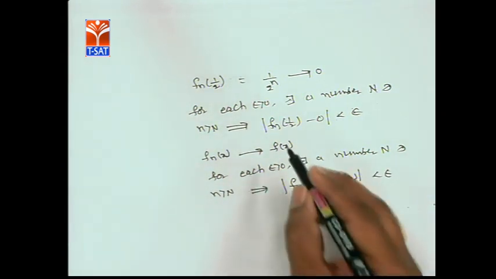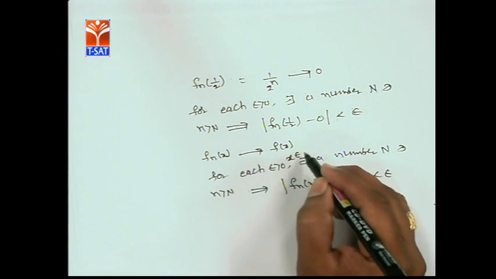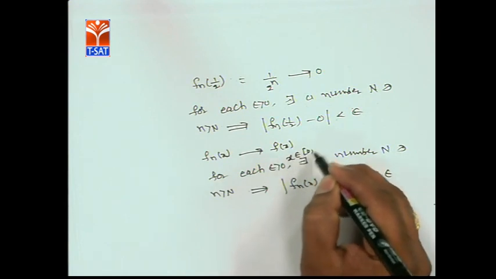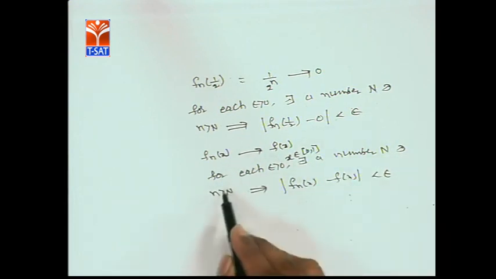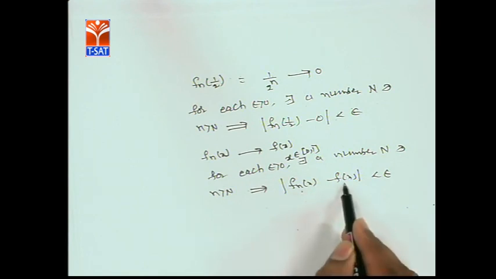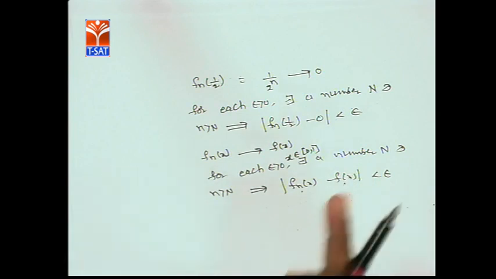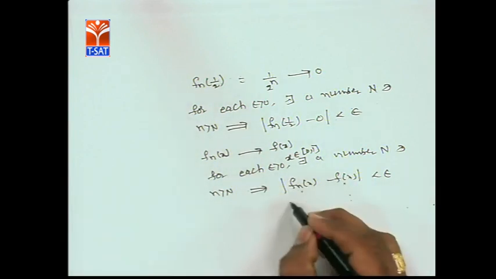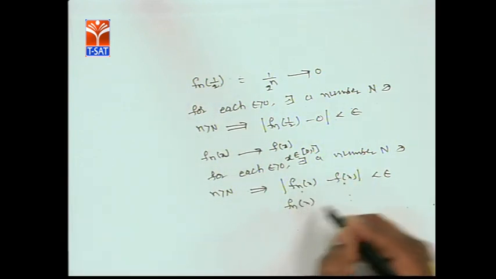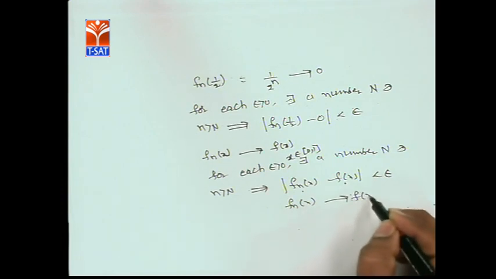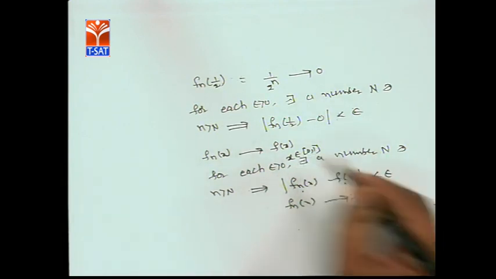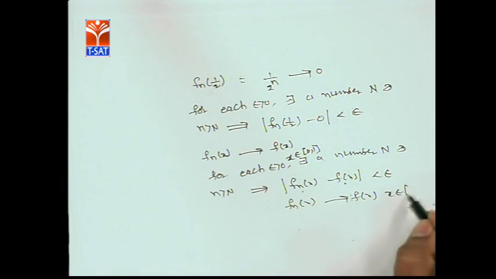Suppose you take x belongs to the closed interval 0 1, then fn of x converges to f of x. Here pointwise means we fix x, substituting one point at a time, then we say that fn of x converges to f of x pointwise on the domain, here x belongs to the closed interval 0 1.